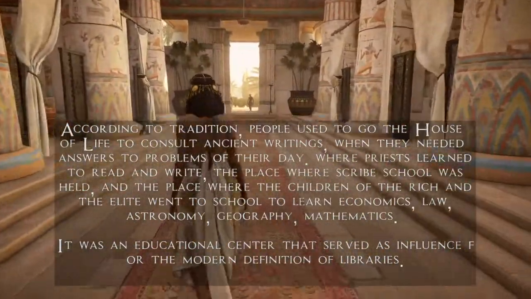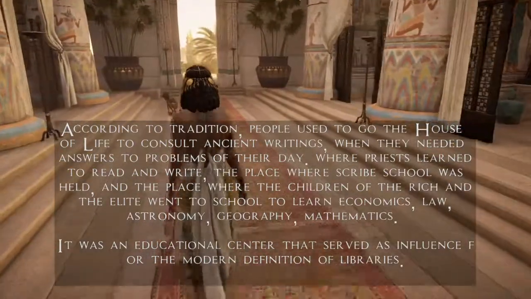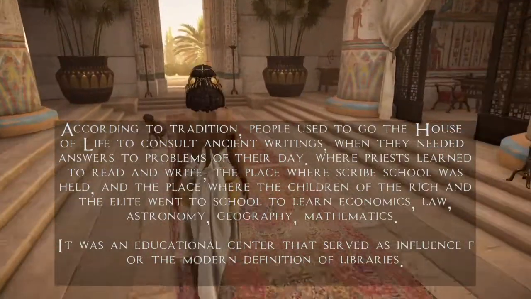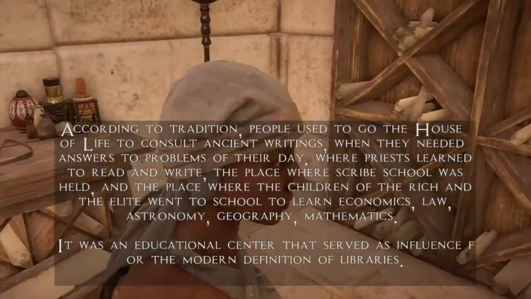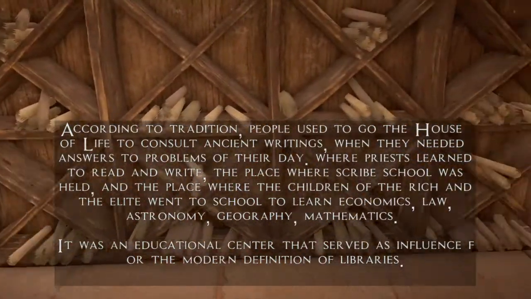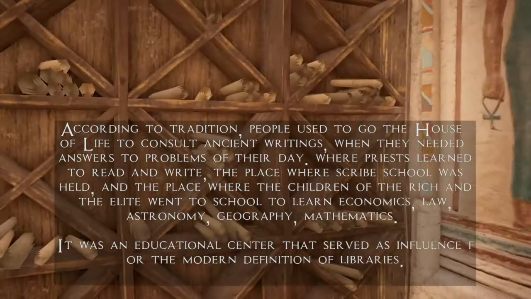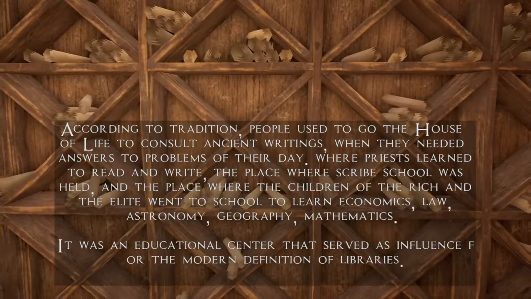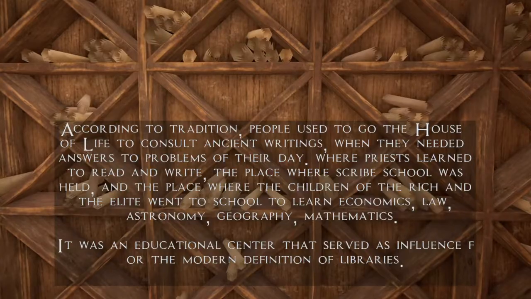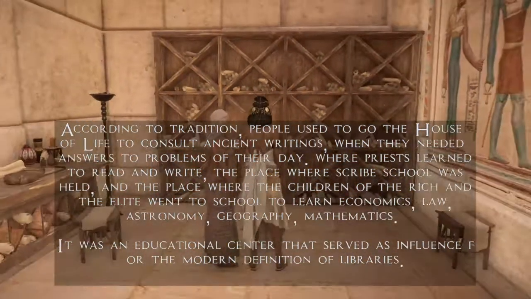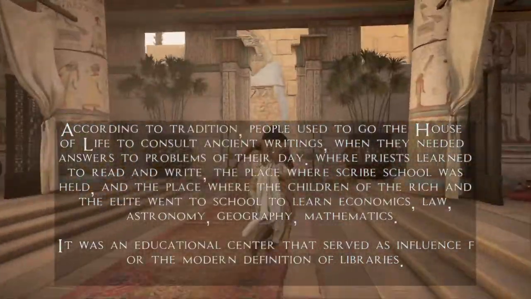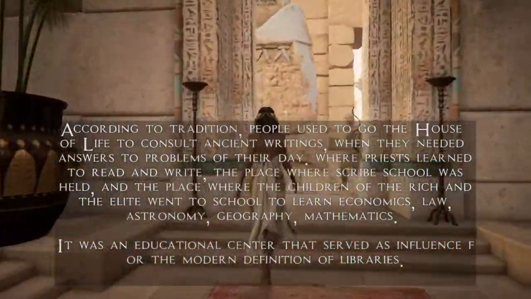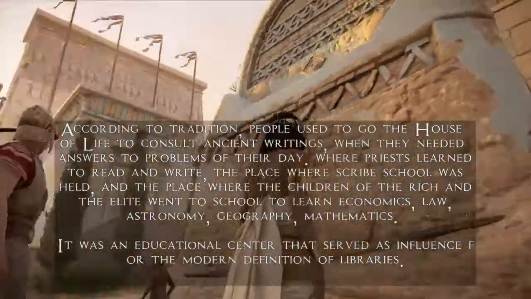It was where priests learned to read and write, the place where the scribes' school was held, and the place where the children of the rich and the elite went to school to learn economics, law, astronomy, geography, and mathematics. It was an educational center that served as an influence to the modern definition of libraries.